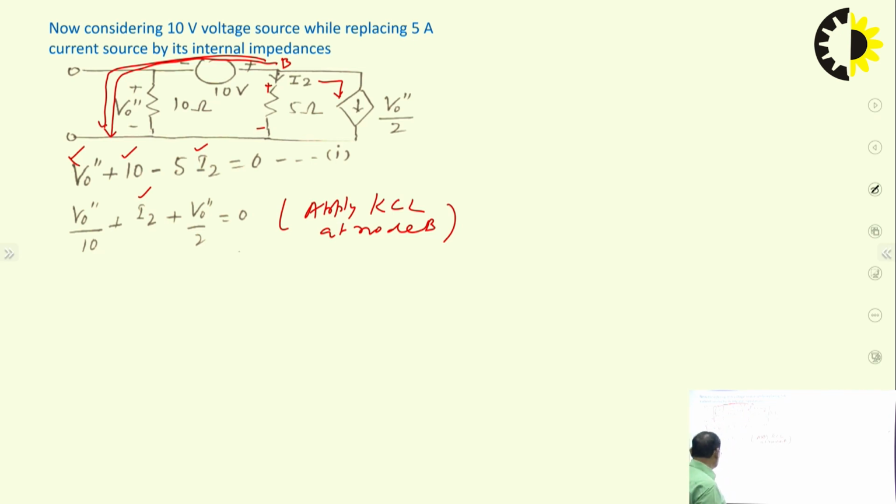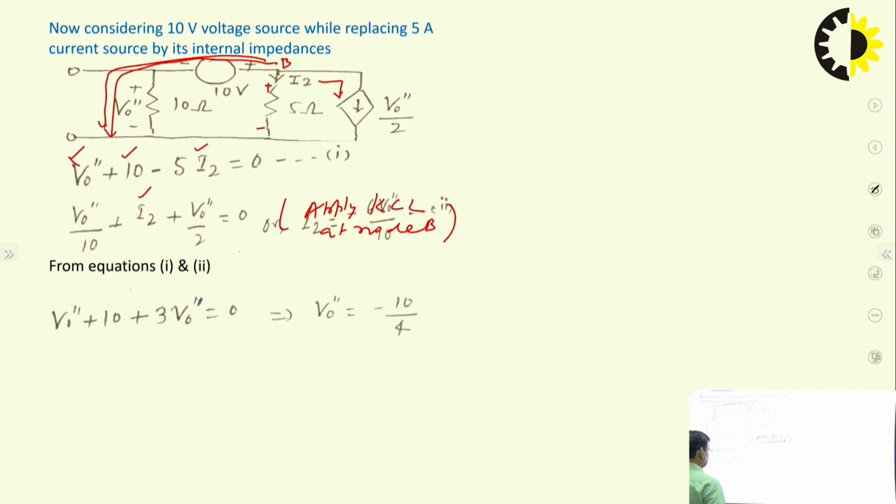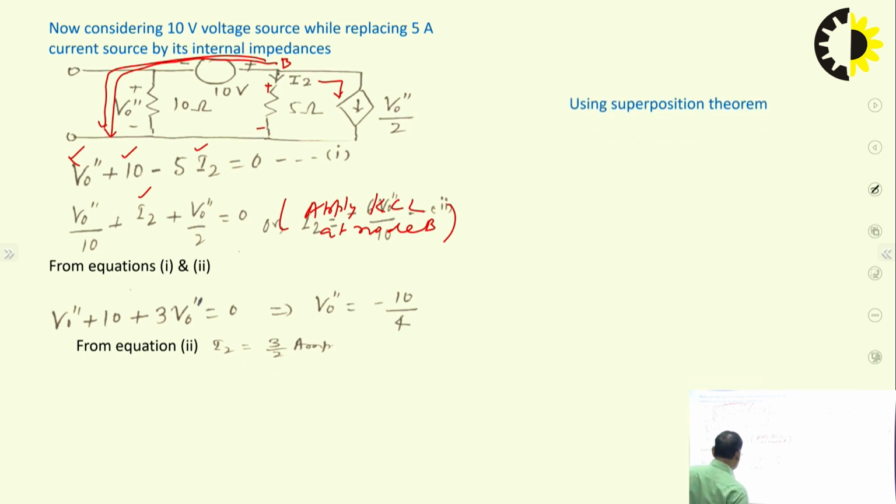So we have two unknowns and two equations. On simplification we can get I2. So I2 is 3 by 2 ampere.